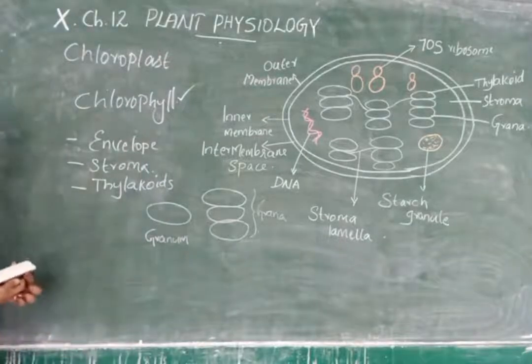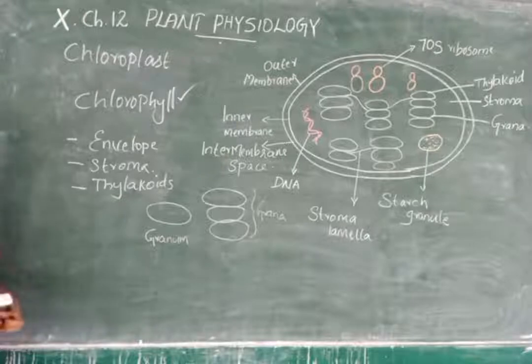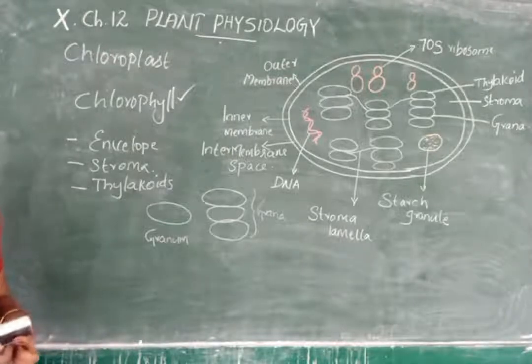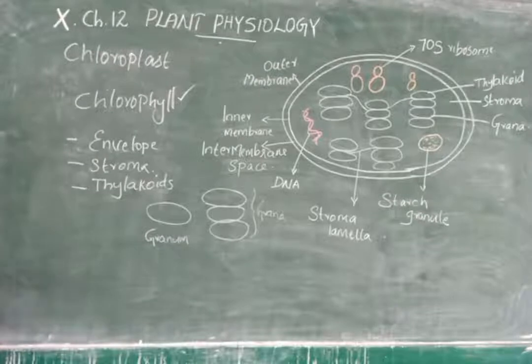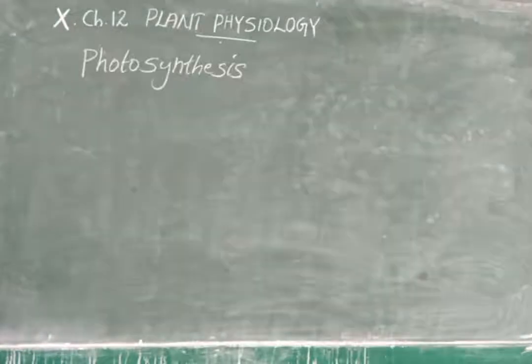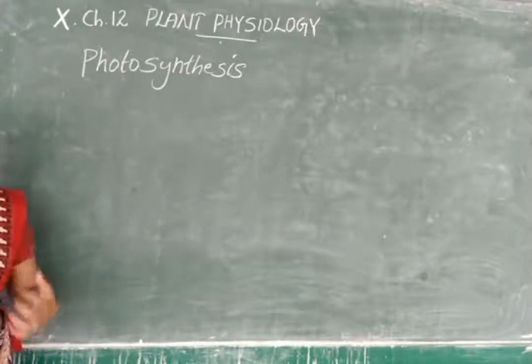Then, what is photosynthesis? Photosynthesis is the process by which autotrophic organisms utilize the energy from sunlight to synthesize their own food. Autotrophic organisms are organisms that have the ability to synthesize their own food.